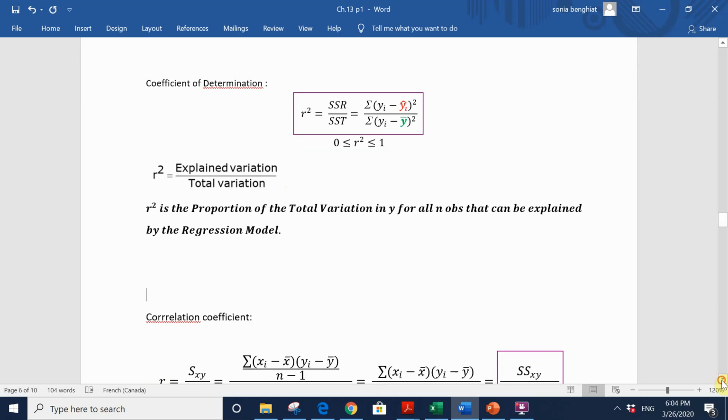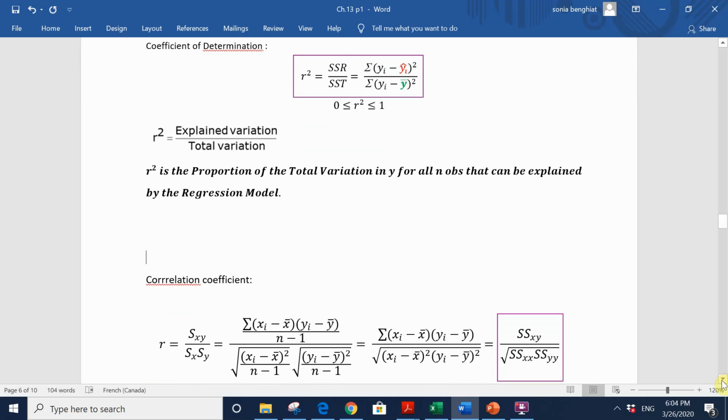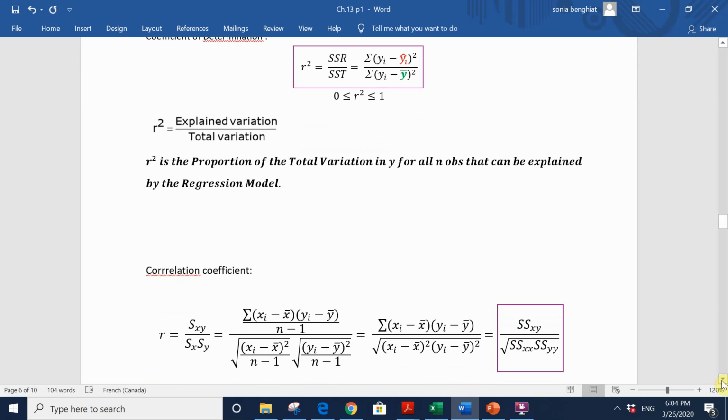So the correlation coefficient is simply R. And so here we've got our R, let's not forget, is defined to be the sample covariance of x and y divided by the sample standard deviation of x times the sample standard deviation of y. Okay, that is R.